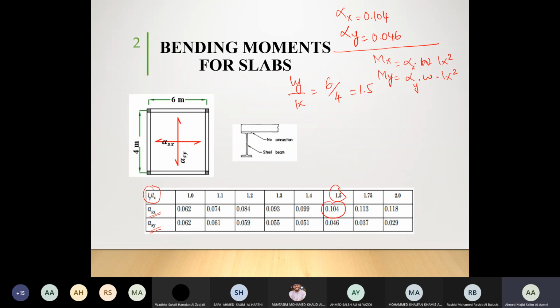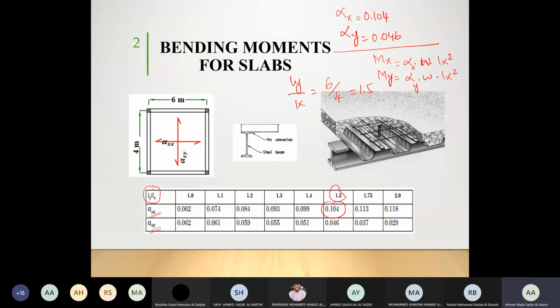Are we clear on how to find or how to use the table in order to get your coefficient? Yes. Yes, Mr.